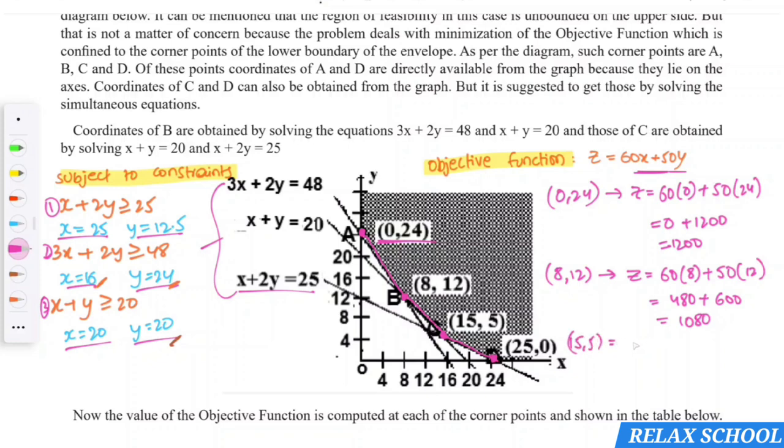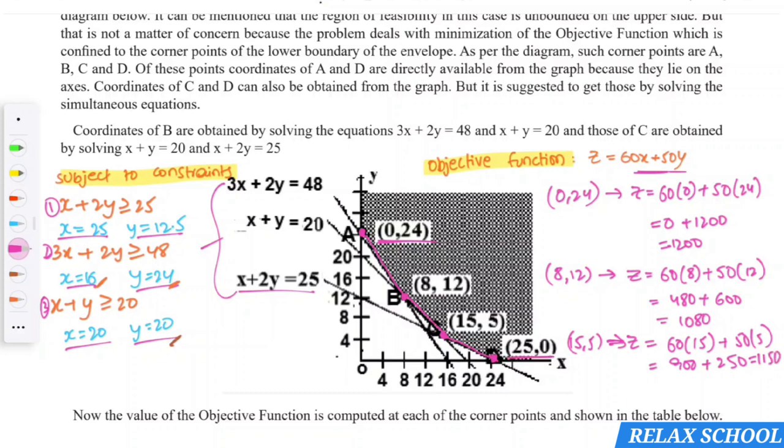That implies z is equal to 60 into 15 plus 50 into 5, which gives us an answer of 60 into 15 is 900 and 50 into 5 is 250. So that means it would be 1150.